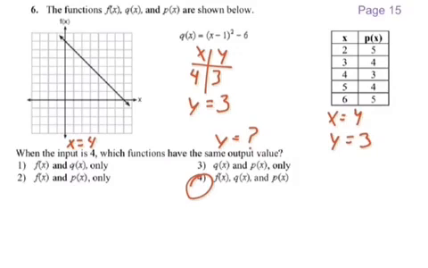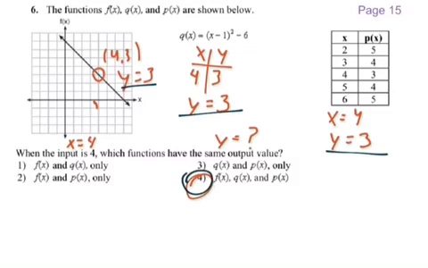And if I look where x is 4 and I go up, I would notice that y is equal to 3. So in this case, when the input is 4, which function has the same output value? They all have an output of 3. Therefore, your answer would be choice 4.